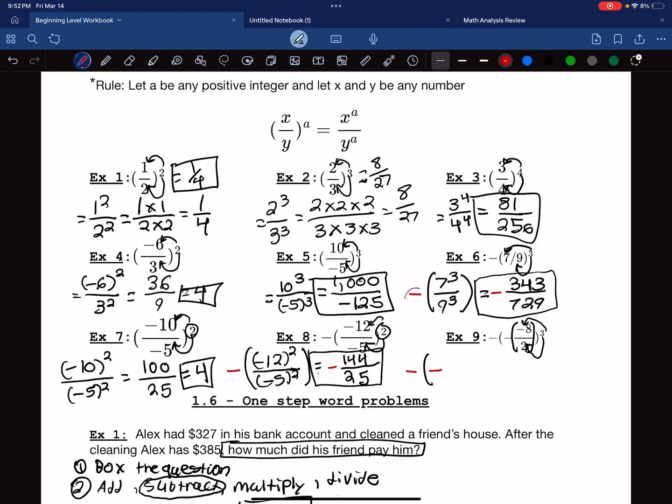And then we're going to have negative 8 cubed divided by 2. So let's write that out. So we're going to have negative 8 cubed divided by 2 cubed. And please remember, do not forget these parentheses around the negative number.